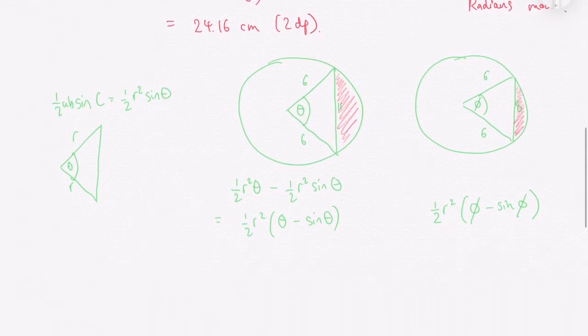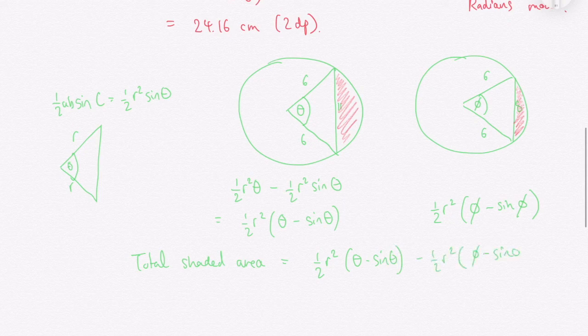So the total shaded area is just going to be the difference between these two. A half r squared times theta minus sine theta, subtract a half r squared times phi minus sine phi, or taking a factor, a half r squared times theta minus sine theta minus phi plus sine phi.